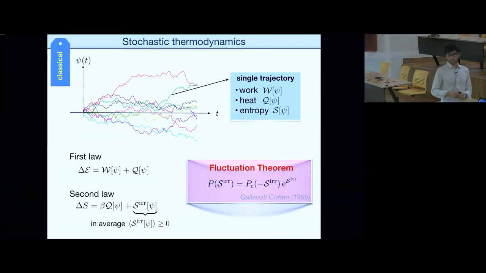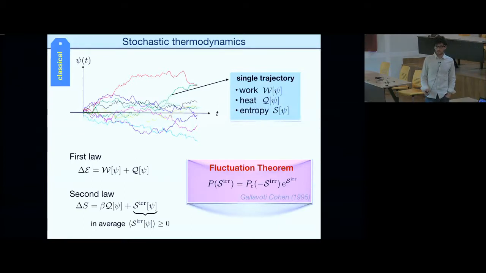And actually, you can put the statistics on this entropy creation, and you can formalize it in the so-called fluctuation theorem that was first derived by Gallavotti and Cohen in the 90s.